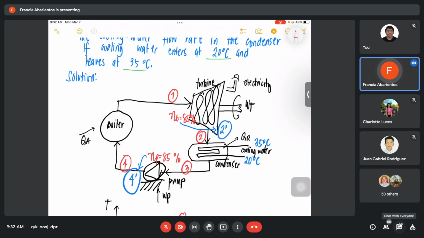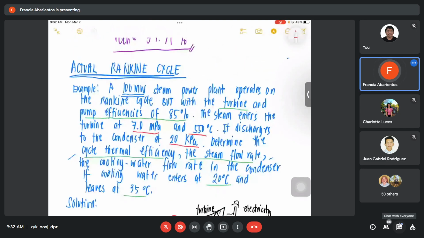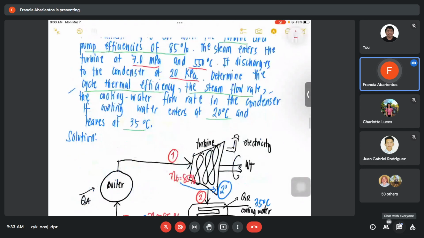It is harder without a problem solved for the actual Rankine cycle. If you have any problem or concern, just PM ma'am.